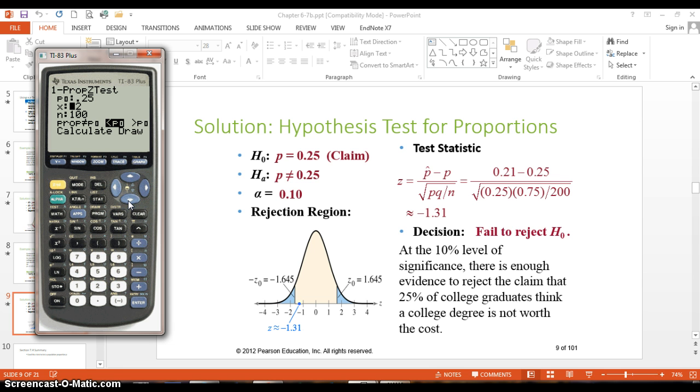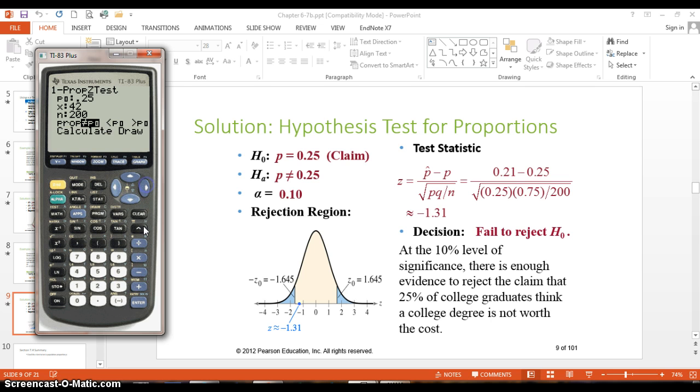We asked 200 people, that's our sample size, 200. And they told us in the problem 21% of those people feel college is not worth the cost. So that's 0.21 multiplied by the sample size of 200. That means 42 people in the sample said they don't think college is worth the cost. And then lastly, go down and say not equals, hit enter here, because we're doing a two-tailed test. That's what our HA statement is.